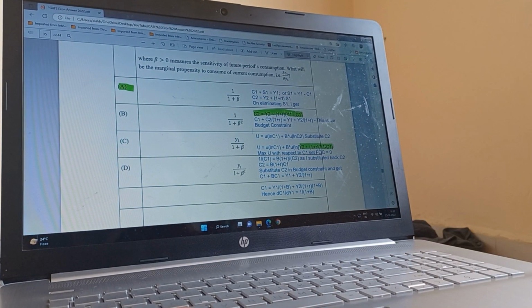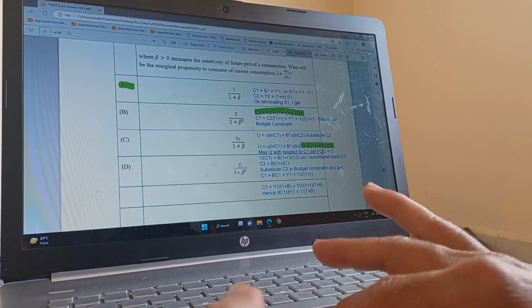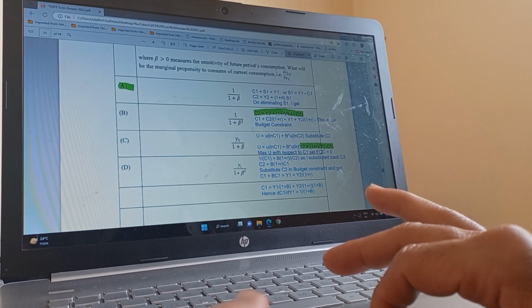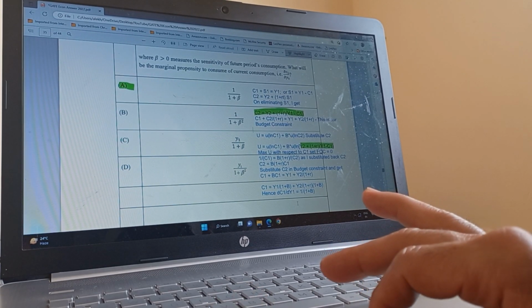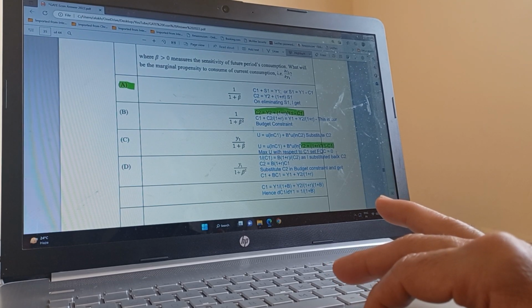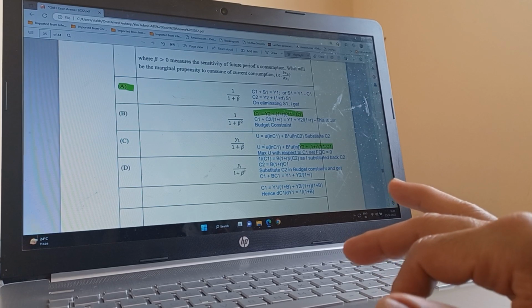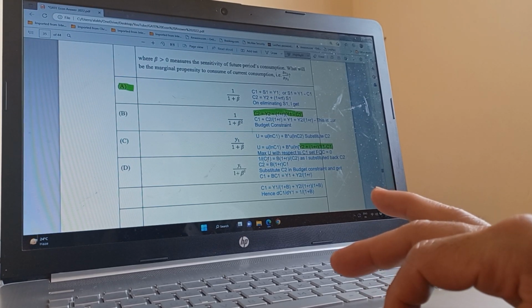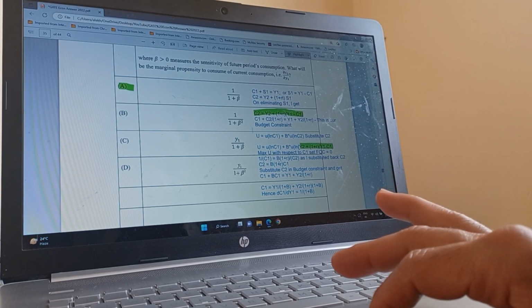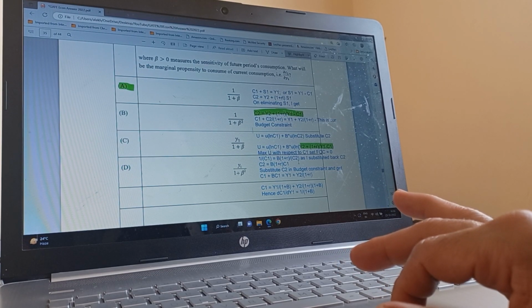Now maximize U with respect to C1, because the question asks for dC1/dY1. So with respect to C1, set the first order condition equal to 0. That is how you maximize any value. The derivative of ln C1 is 1 by C1, which is equal to beta times (1 plus R) divided by C2.